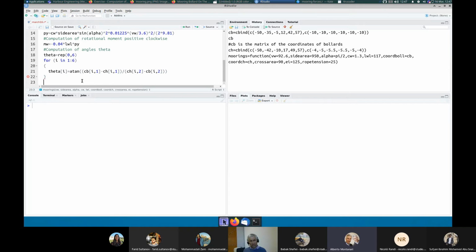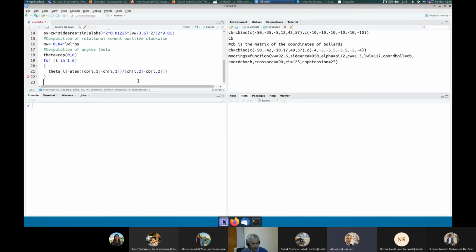Let's execute this series of instructions, which I remind you aim to build a function. Let's run all of them all at once, okay? At the end, when I have completed the function, I will run the series of instructions to define it in R, okay?